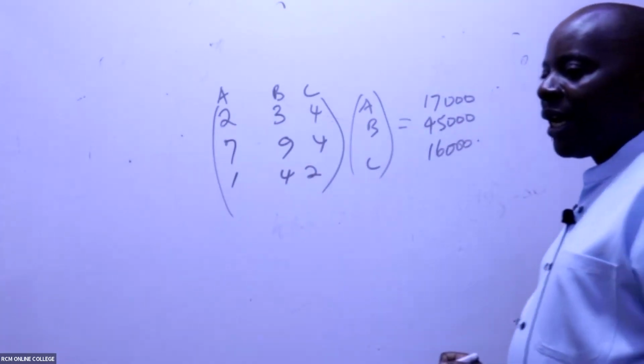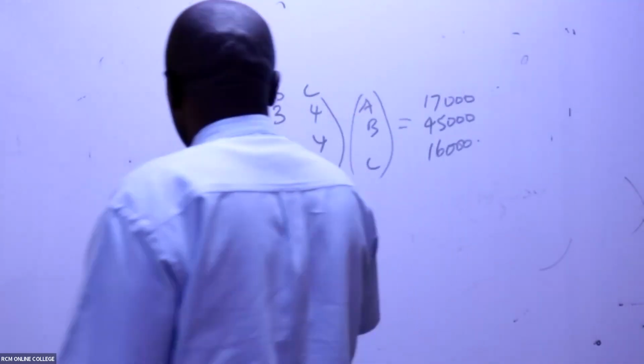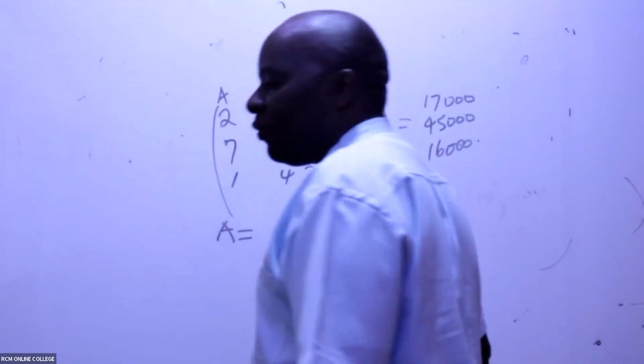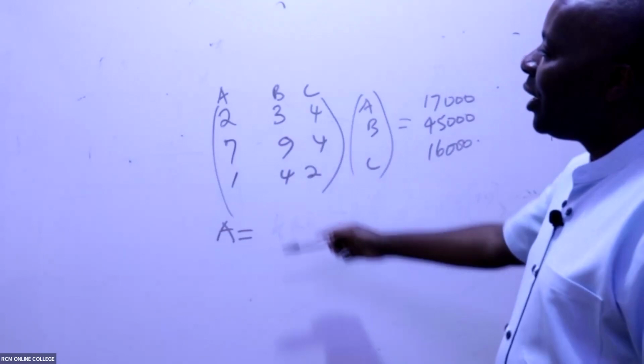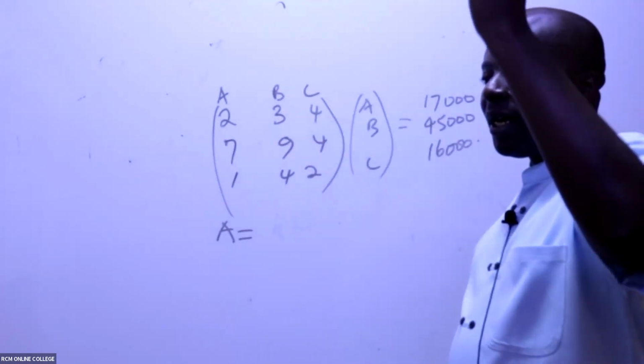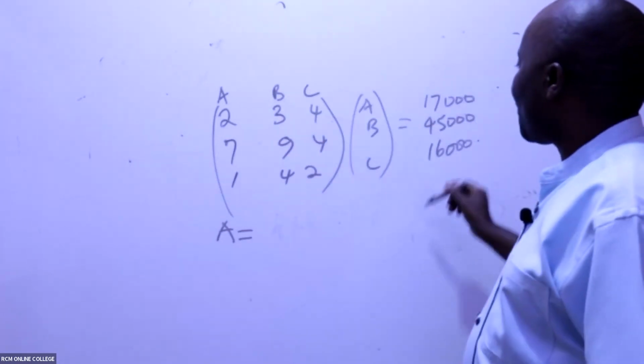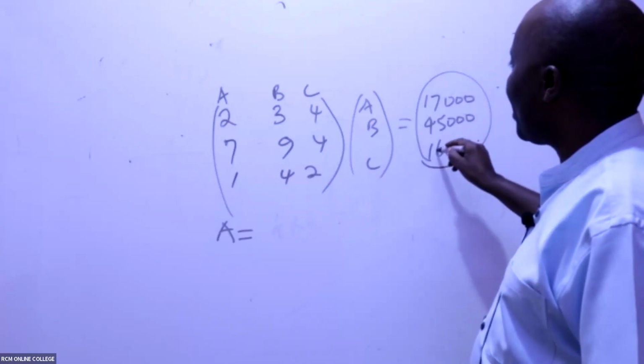Now, ladies and gentlemen, I want us to get the value of A. So if I want us to get the value of A out of this, the column of A will disappear. In its place, we shall have this replacement.